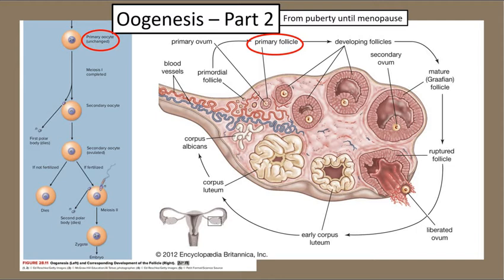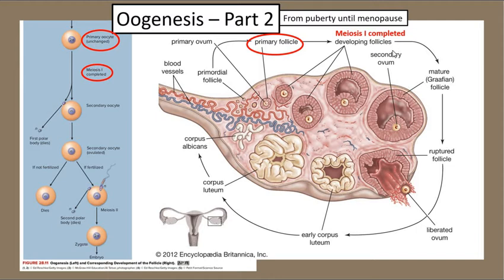Basically, first you have that egg cell, the ova, that are developing. And the follicle cells around them continue to develop and to grow. And at that point, you have completed meiosis 1. In other words, it divided.